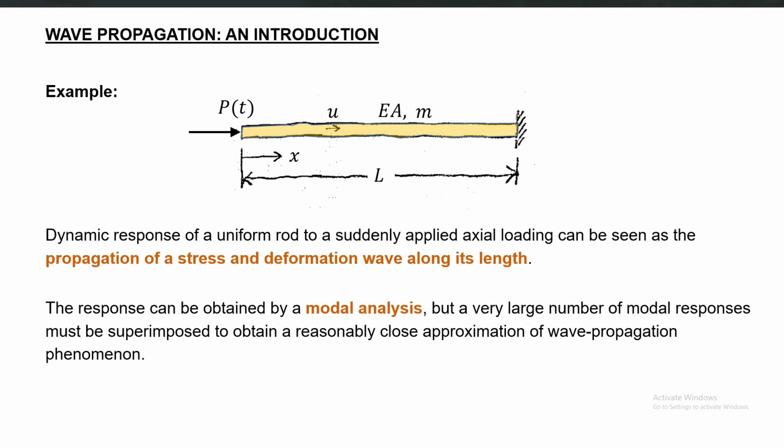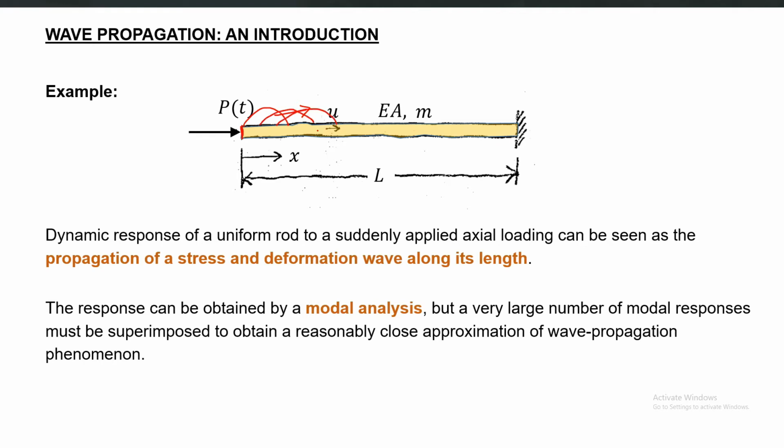So for example, if any force applied at that end produces a displacement which looks like this, we know now that this displacement will travel towards the right hand side. So you may need to add maybe hundreds of vibration modes to actually capture that travel of the wave. So at one instant it is here, but in the next instant maybe it is here. Then in the next instant maybe it will be here.